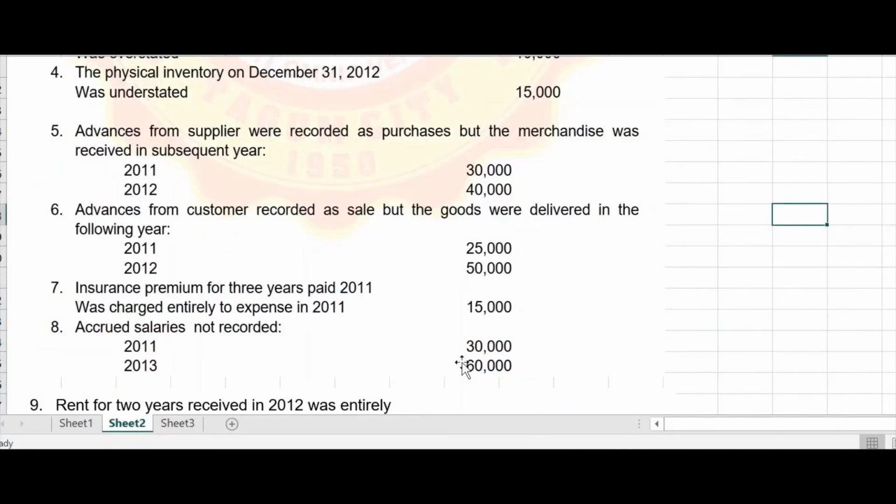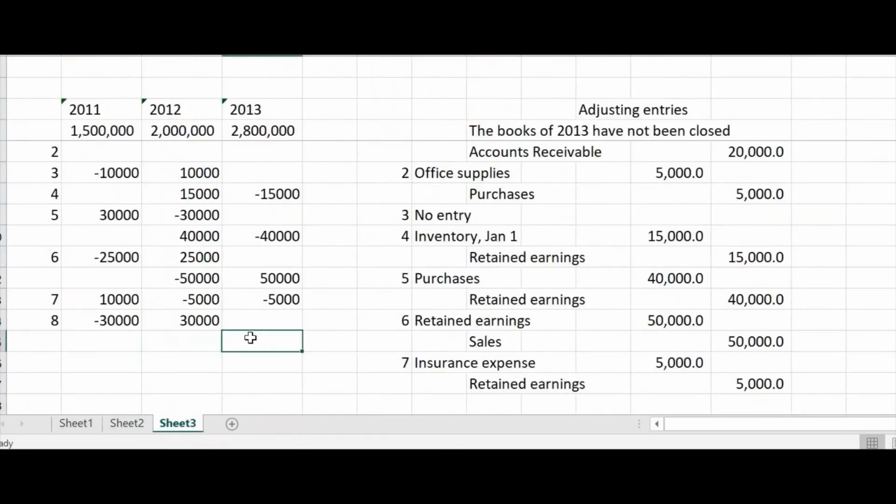On 2013, we have understated din of your accrued salaries expense for 60,000. So, anong nangyari? Overstated din yung net income by 60,000, due to understatement of your salaries expense.